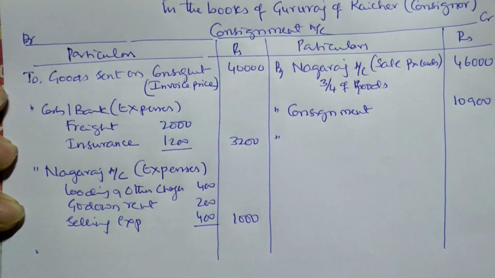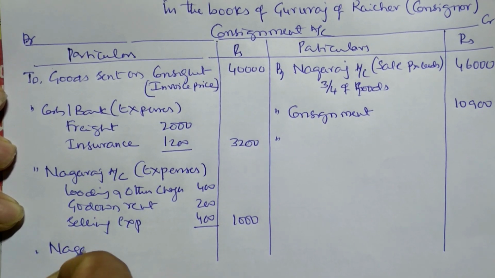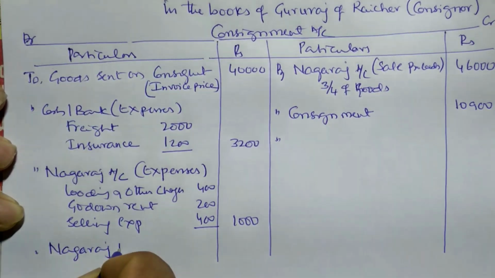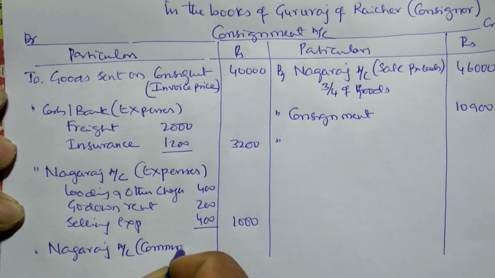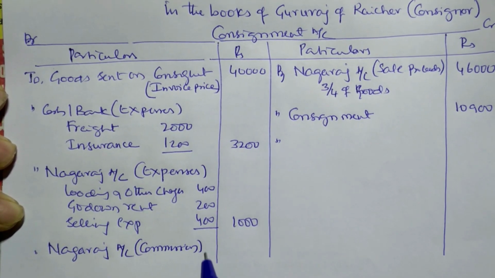After this we have to give commission to Nagaraj. Commission in this problem is given as 3% and 2%, total 5%, on the total 46,000.